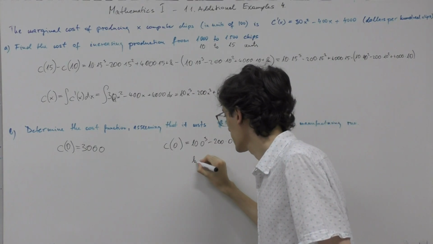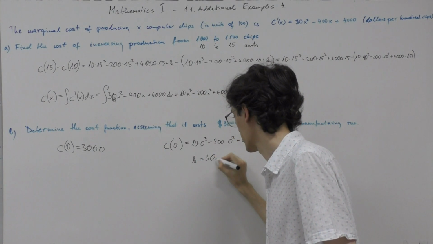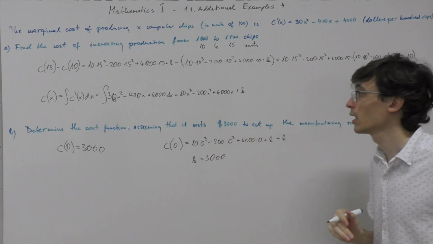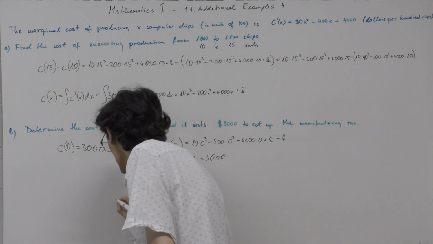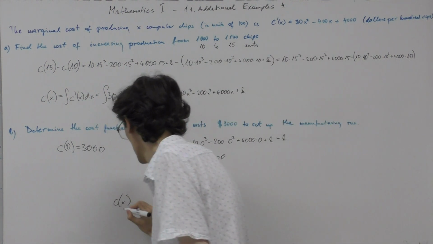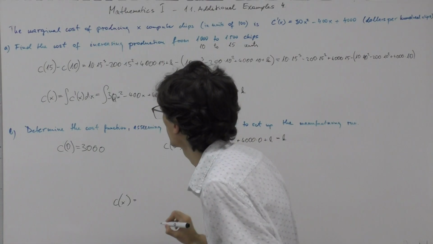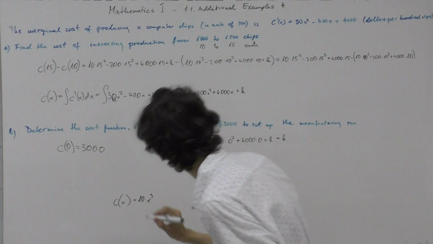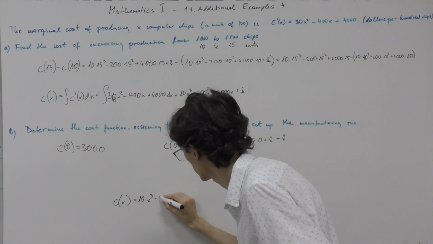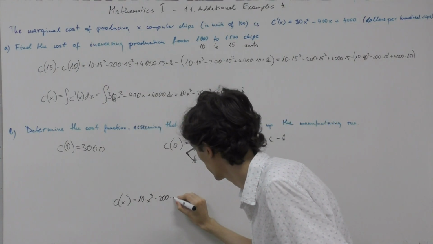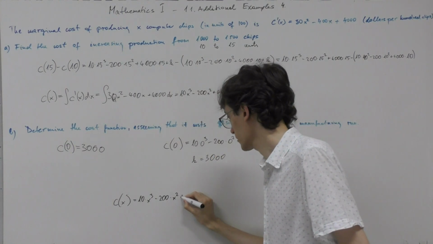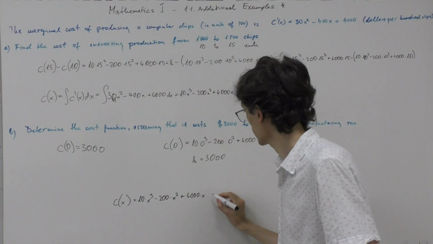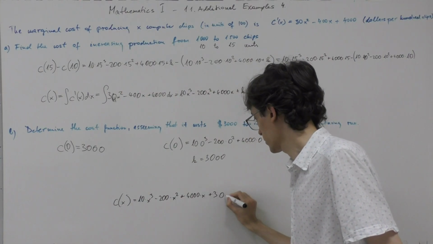This means that k will be 3000 in the case of this specific cost function, which means that this specific cost function will be C of x equals 10 times x cubed minus 200 times x squared plus 4000 times x plus 3000.